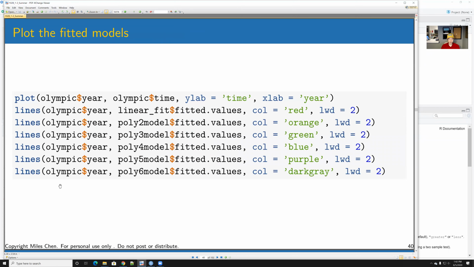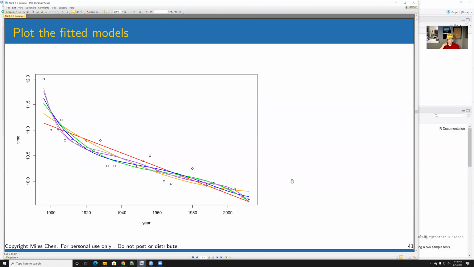Then I can take each of these different models and plot the values and their fitted values. Using each of those models, we look at the fitted values and plot them using different colors. This is what it looks like.